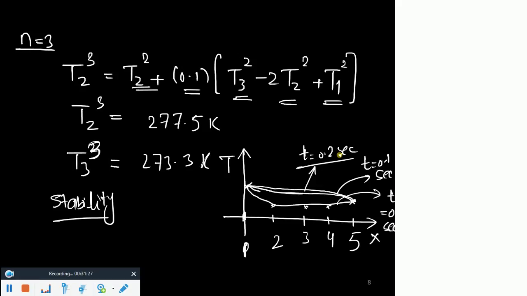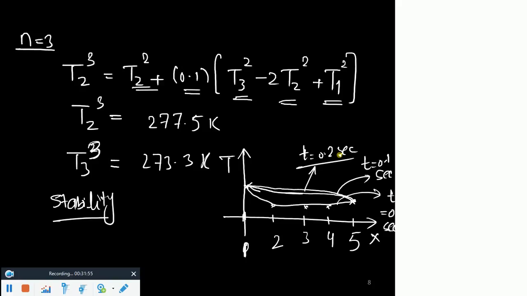I think this is 1/2 in this case. So as a whole, for example, if your alpha is much larger, you need to keep your delta x larger as well, and you need to keep your delta t very small. You understand that? So you need to look at the whole parameter, alpha delta t by del x square.